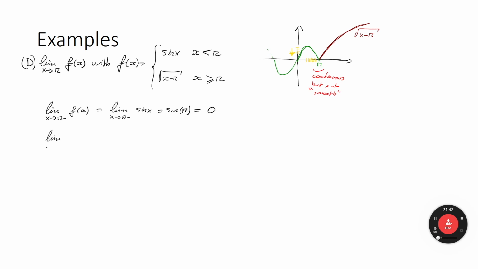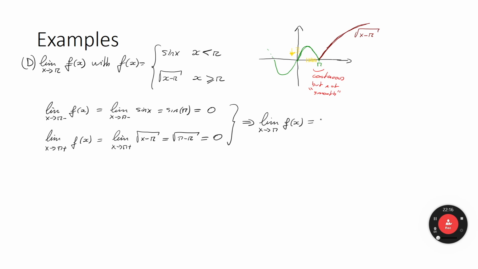And on the other hand, the limit x going to pi plus is the limit of square root of x minus pi. So that gives us square root of pi minus pi. It's similar to the first exercise that we did, and this is 0. These two values are the same, obviously, so here we conclude that the limit for x going to pi of f of x exists, and it is equal to 0.